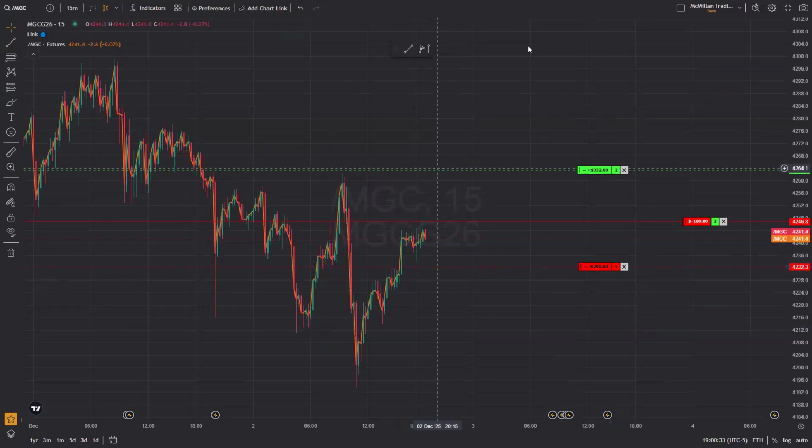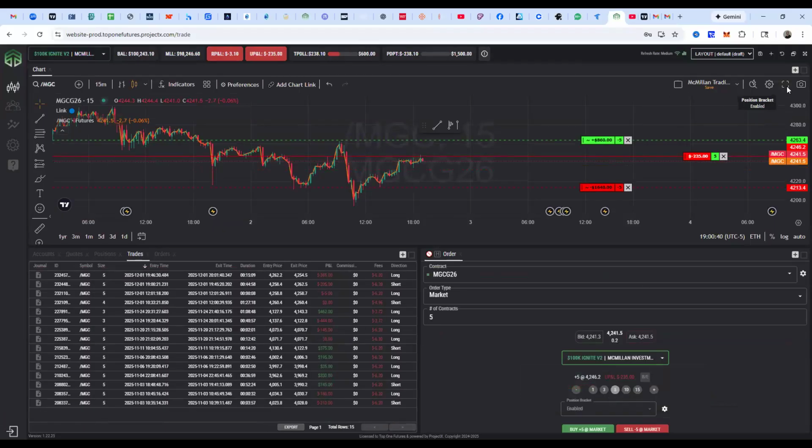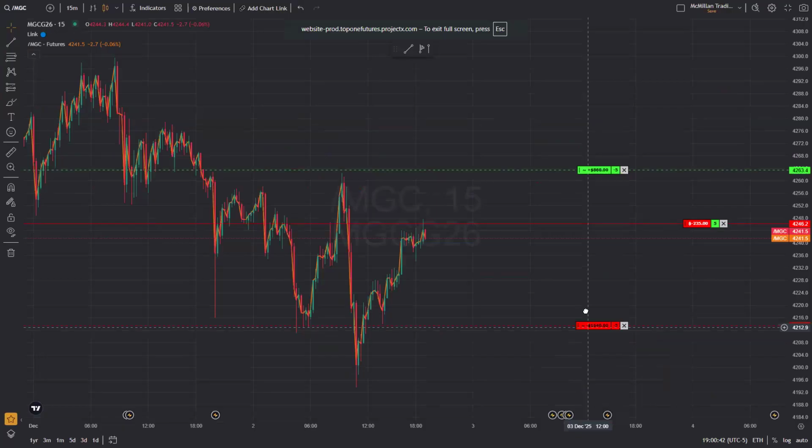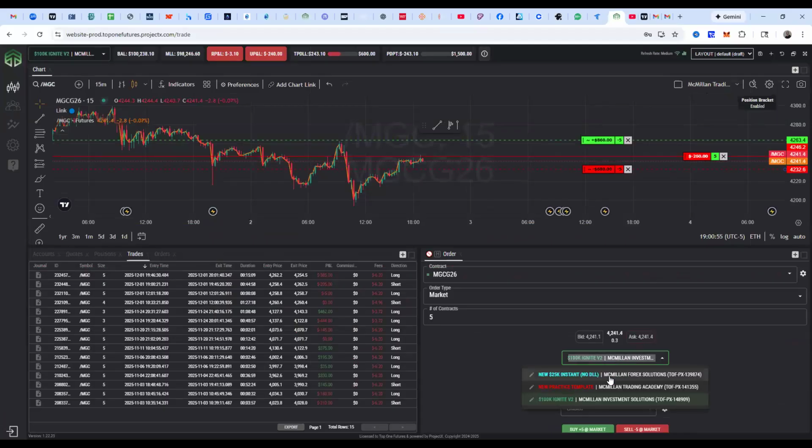Same thing for the speed. So we're probably going to have about a pullback here.